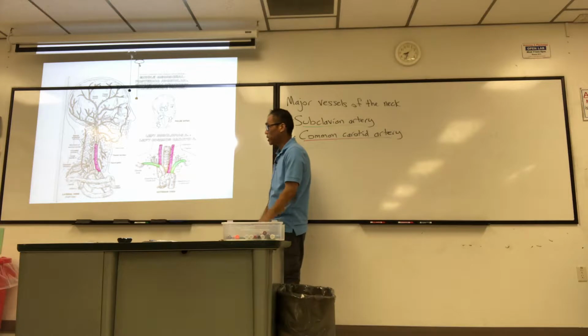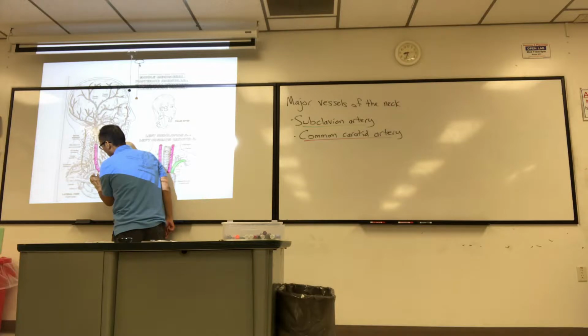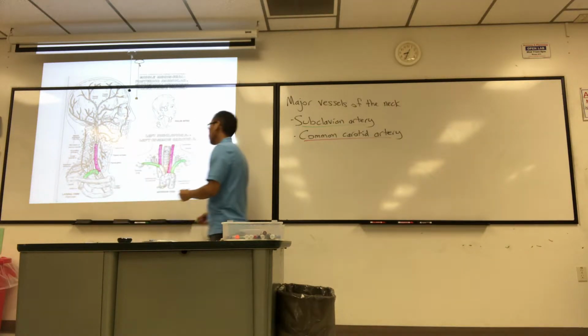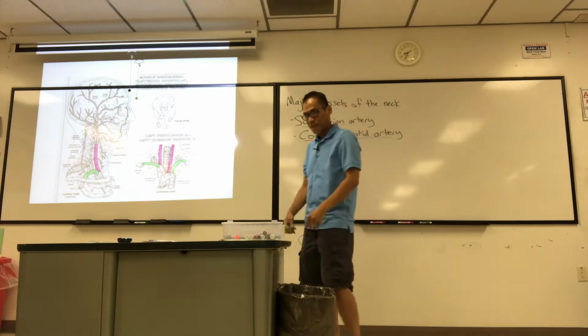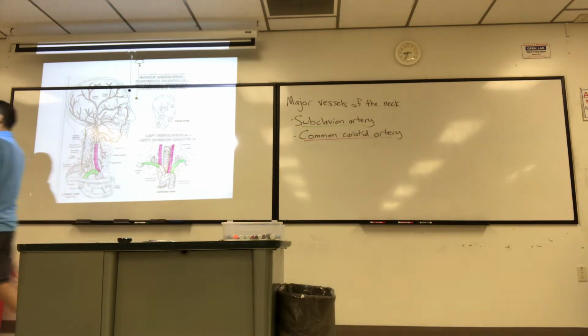Those are subclavian arteries, and on this picture, this one right there. Those are the two major arteries of the neck. Coloring them in makes you see that quite clearly. So we'll come back to this and color other things in as we move along.